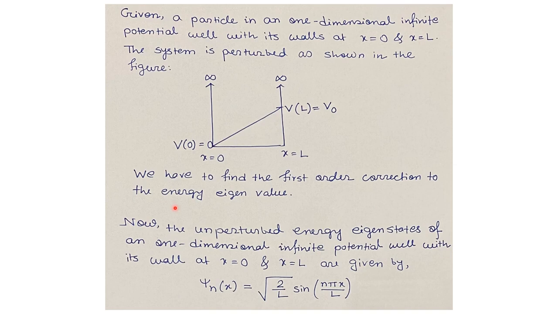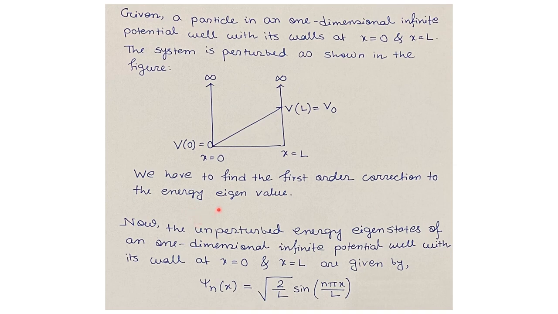In time independent perturbation theory, we first solve the unperturbed system to find the eigenstates and the energy eigenvalues. Then we take the expectation value of the perturbed potential with respect to the unperturbed eigenstates or the wave function of that system to find the first order energy correction. So let us see what the unperturbed states are in this case.